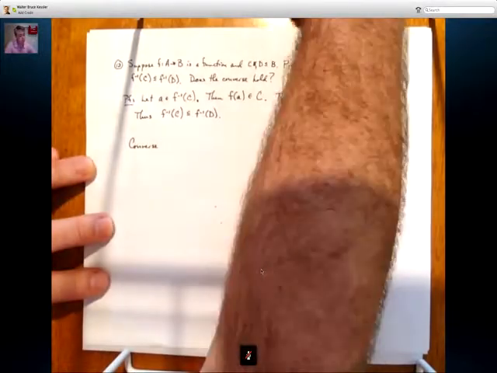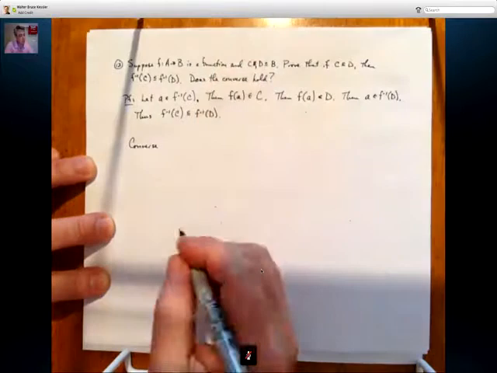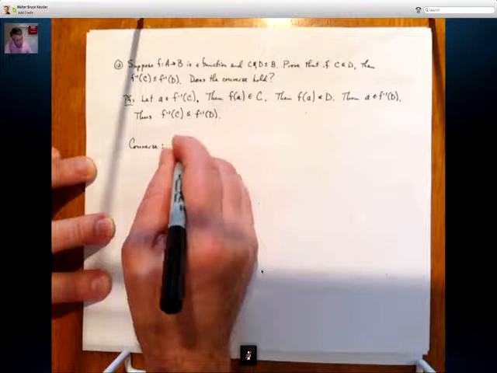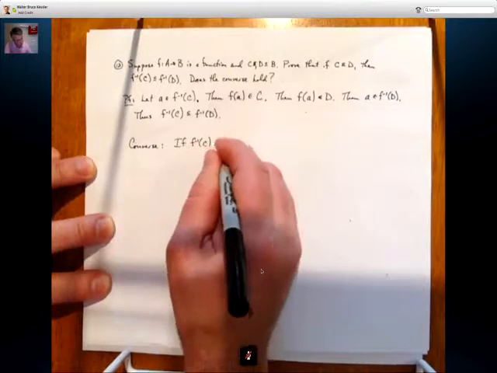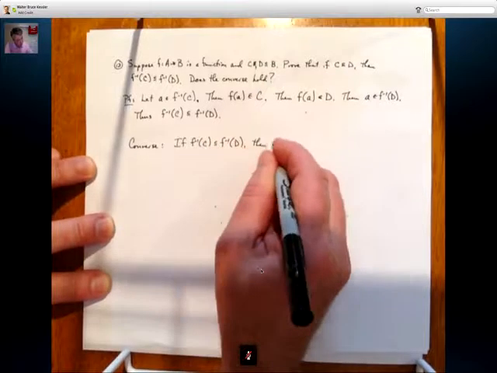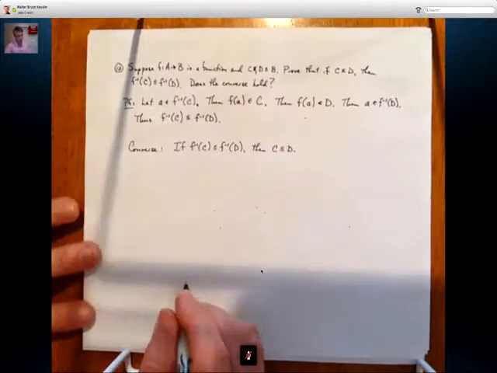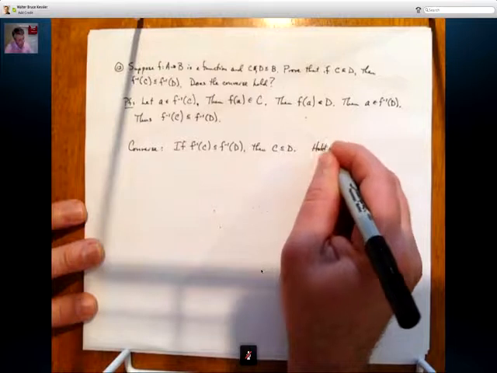Now, the converse of this would say if the inverse of C is a subset of the inverse of D, then C is a subset of D. Not true.